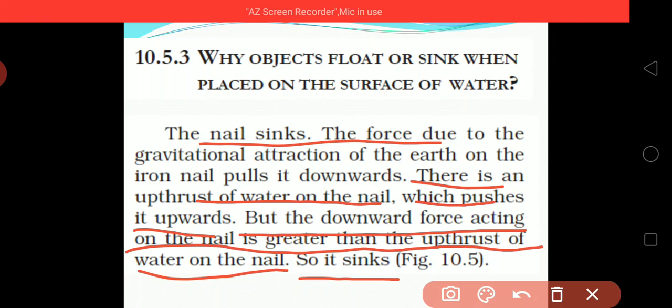Once again I am repeating: the nail exerts a high force in a downward direction. In the same way, the water exerts its own upthrust or buoyant force in the upward direction. But in this case you can see that the nail applies much more force in the downward direction.